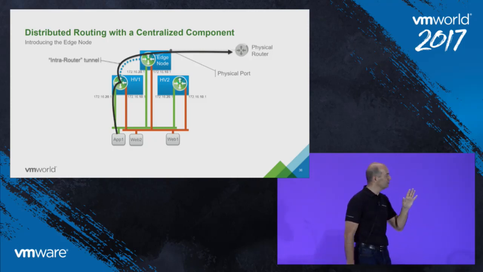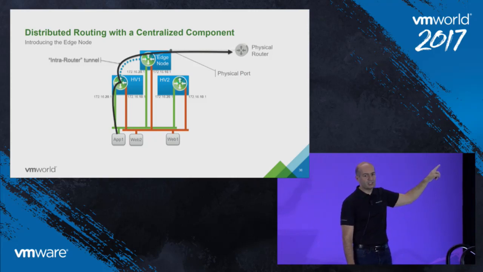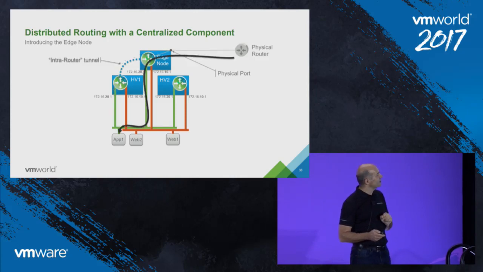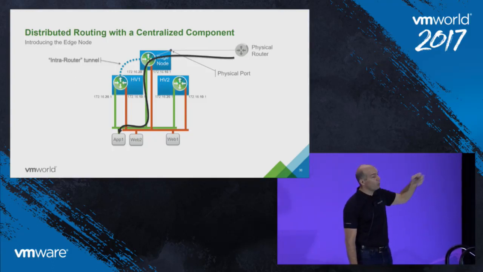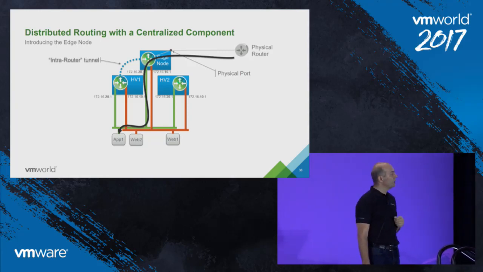I'm not going to go into the detail of that, but you have a component that is centralized on this edge and that you don't have on the other distributed router. So if the traffic is coming back in the opposite direction, I'm going to go through my service router, my centralized module, if you want, but I also have the distributed component so I can route directly to my destination.